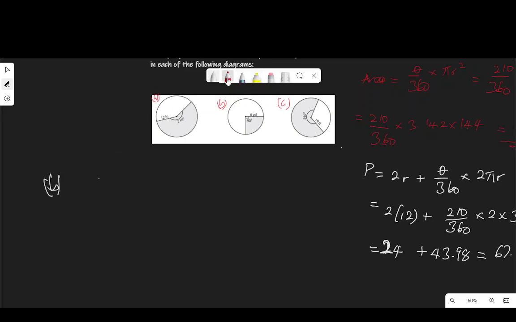Again, let me use red color for the area of the sector. Area is theta over 360 times pi r squared. And theta here is 90 degrees. I have 90 over 360 times pi. What is pi? 3.142 is a constant. And then the radius is 6 yard, 6 square.